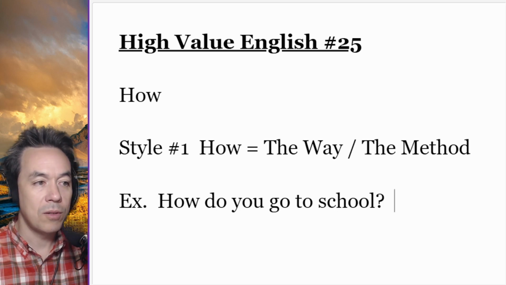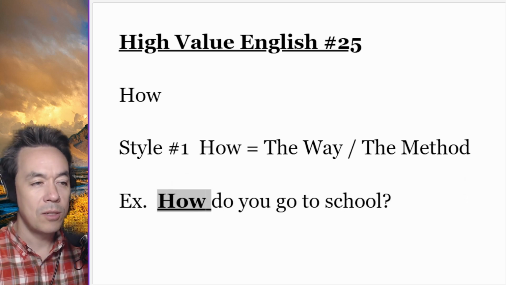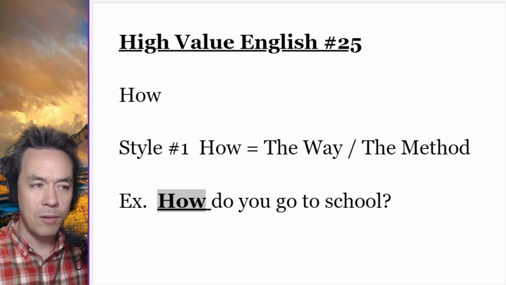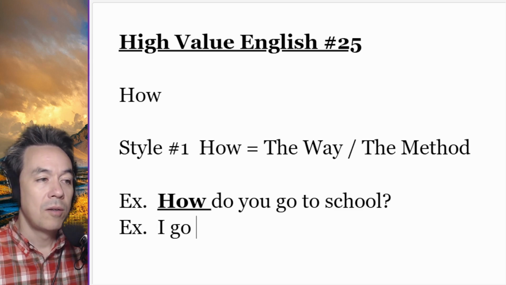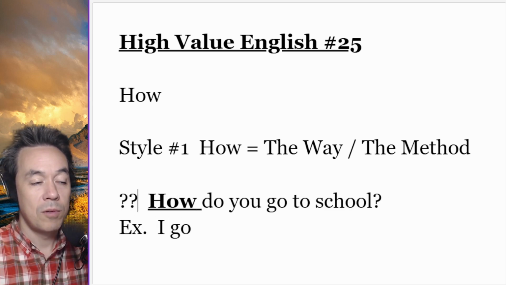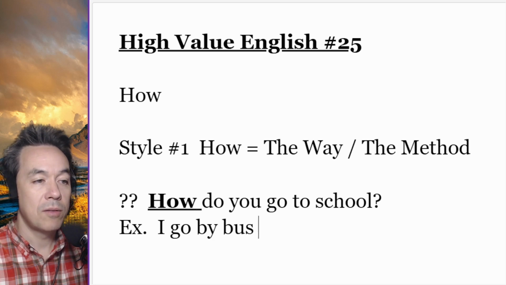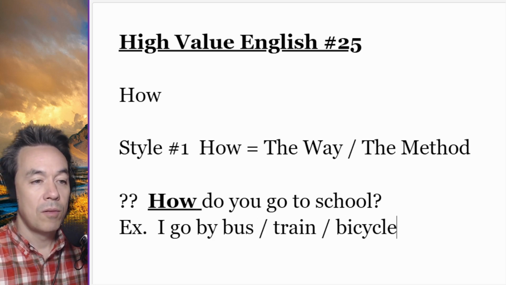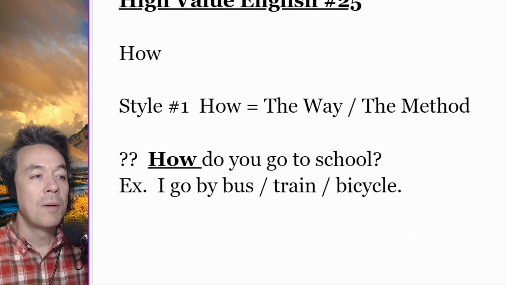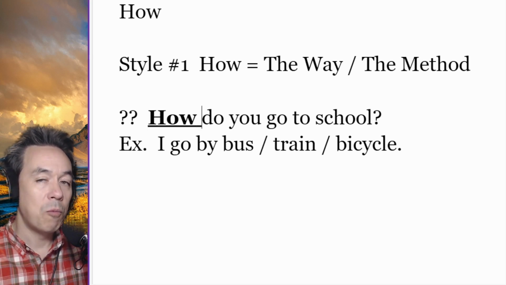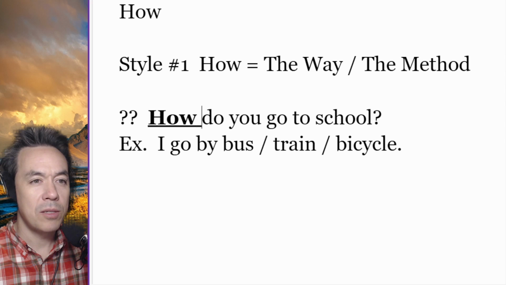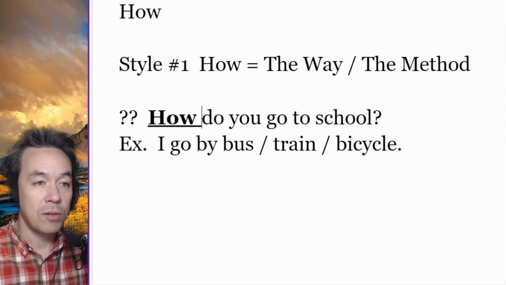This is a very typical textbook question. First word how, then do because it's a question, and then the main verb go. Okay, so the answer here, something like I go, we'll say this is the question, it's the answer, I go by bus or train or bicycle. Okay. So that's asking, by what way or what is your method of going to school?